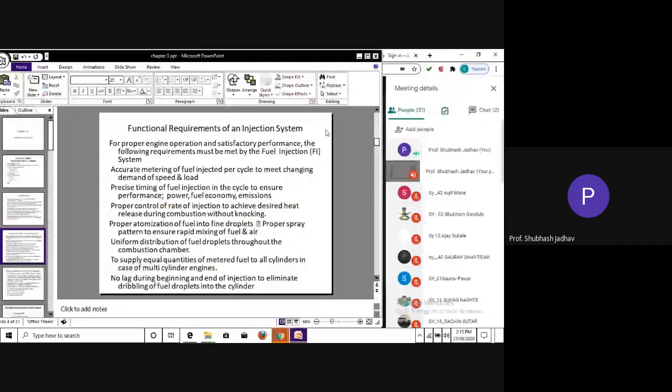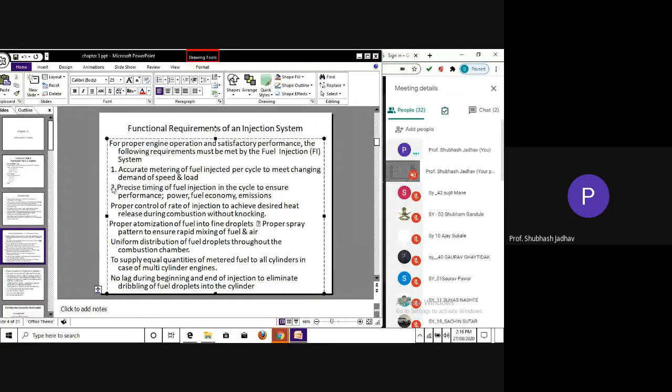So any change in the requirement in terms of speed or load has to be taken care of by your fuel system. So that is where our first point comes into the picture, that is accurate measurement or accurate metering of the fuel injected per cycle to meet the change in demand of speed and load.